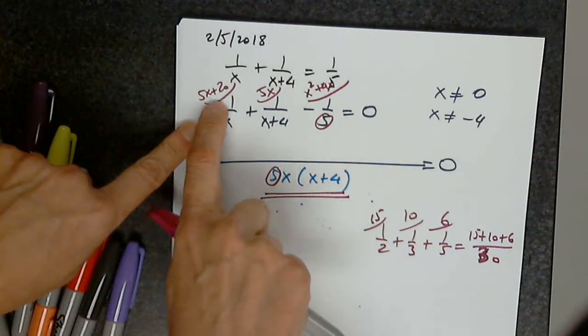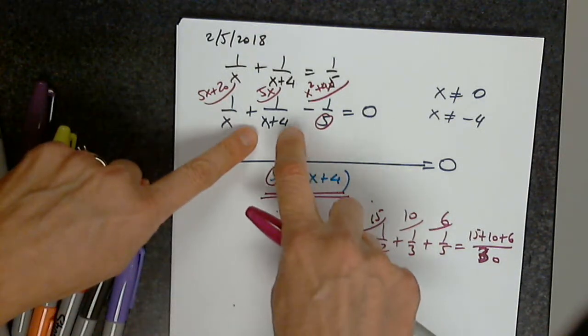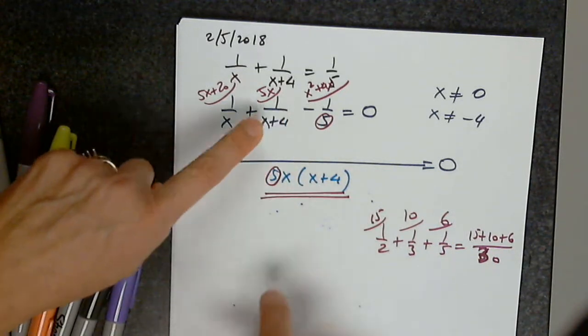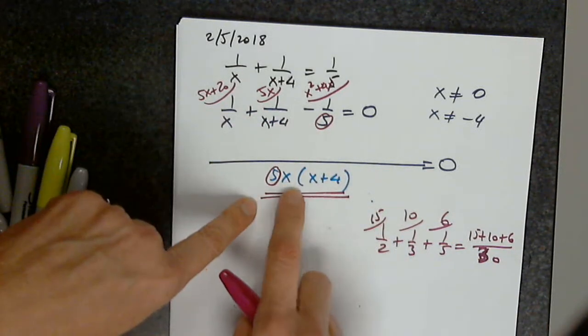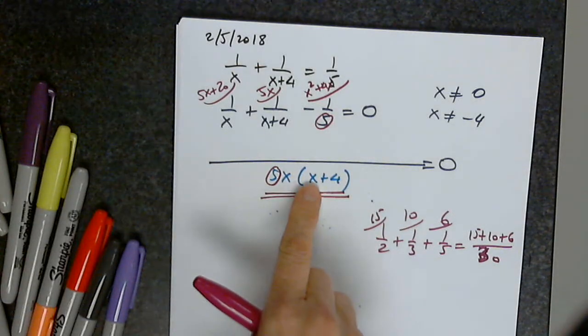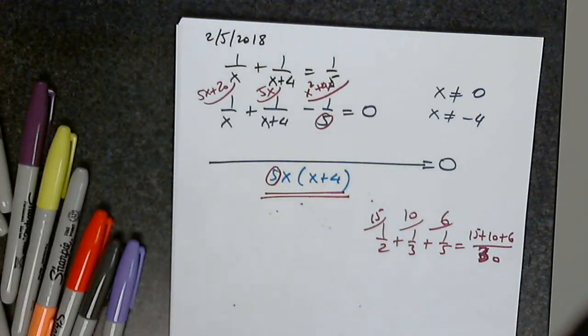That's why I have 5x plus 20 up here. x plus 4 was multiplied by 5x. That's why I have 5x here. And 5 was multiplied by x squared plus 4x. That's why I have x squared plus 4x up there. Better? Any questions? Where did the 20 come from? 5 times 4. 5 times x, 5 times 4. Okay. Is this better?